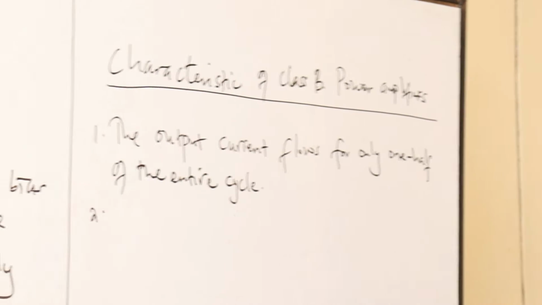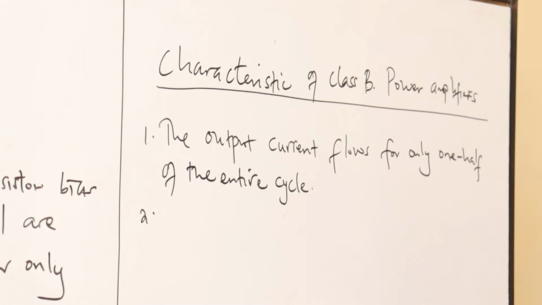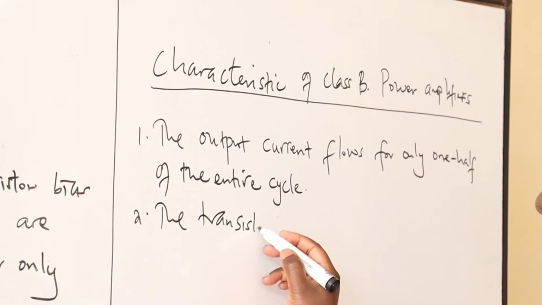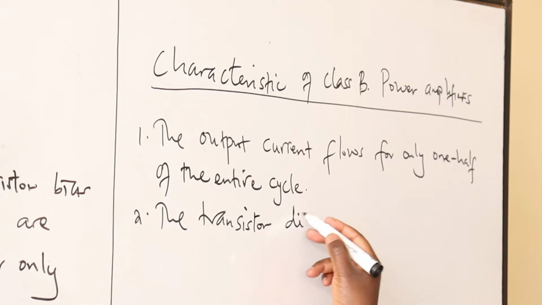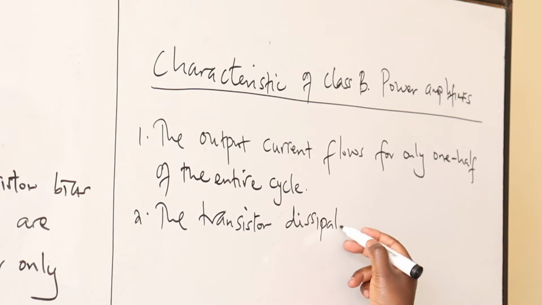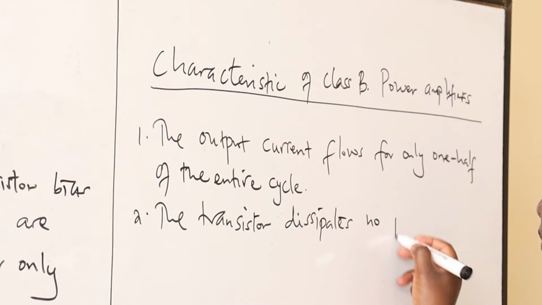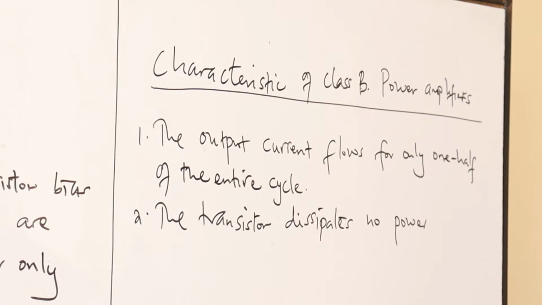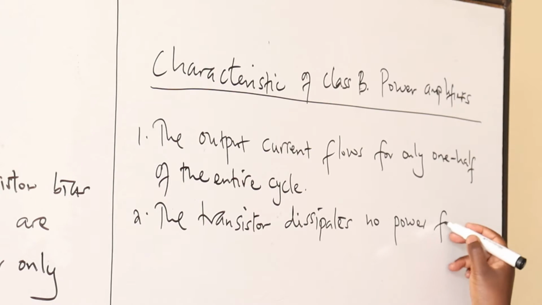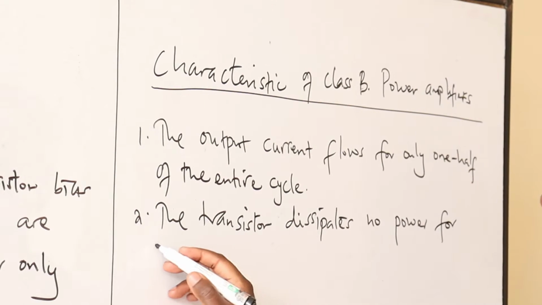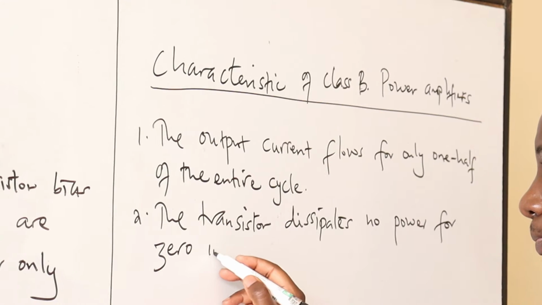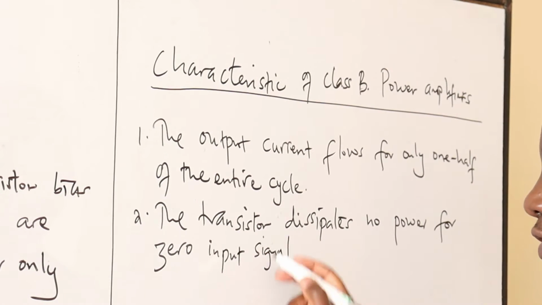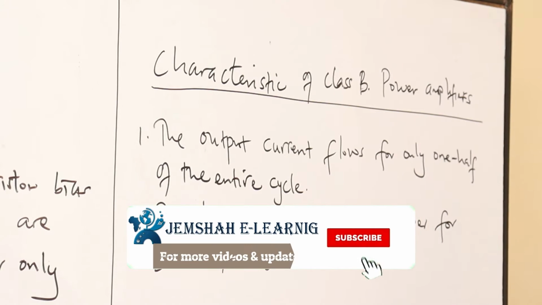Number 2. The transistor dissipates no power for zero input signal.